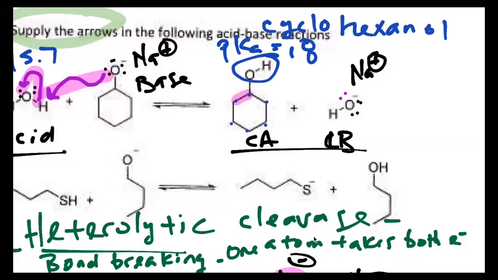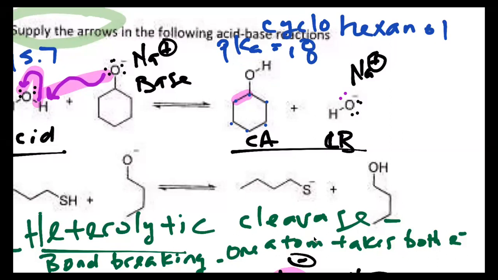So cyclo for the ring, hex meaning the ring has 6 carbons in it, hexane, and then ol is for the alcohol. We're okay so far? So we put the arrows in, and we've drawn the conjugate acid and the conjugate base.